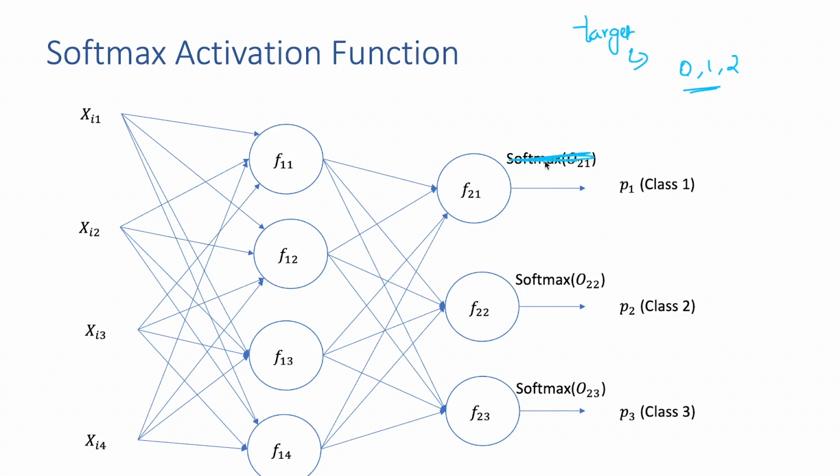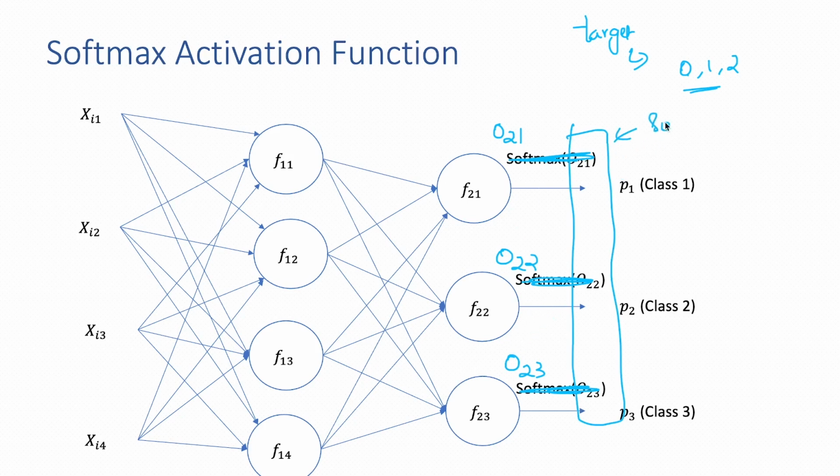Whatever outputs or logit values you observe at the individual neurons, which are represented as O21, O22 and O23, all of these logit values are now presented to a softmax layer. This softmax layer, or softmax activation to be more precise, considers all of these raw logit values as inputs and generates values which we call P1, P2 and P3.